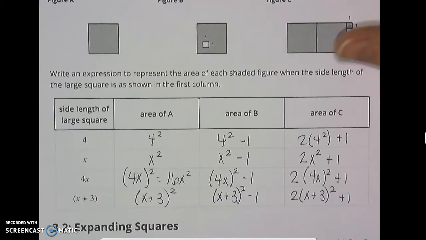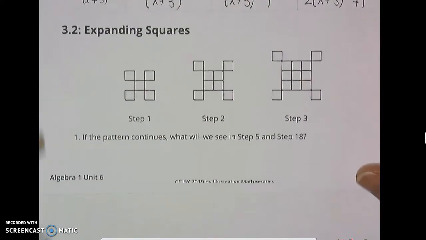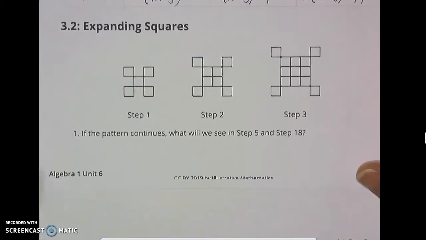Alright, so let's look at expanding squares. If the pattern here continues, so we have step 1, step 2, step 3, what will we see in step 5 and step 18? Take a look at what's happening in this.